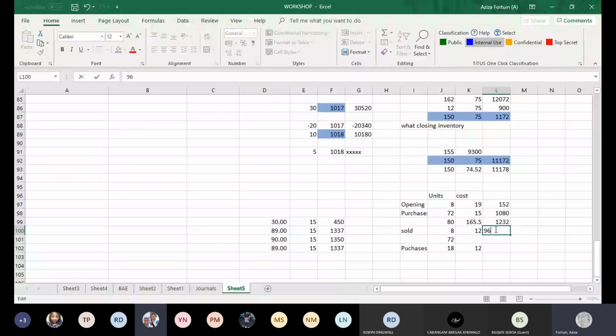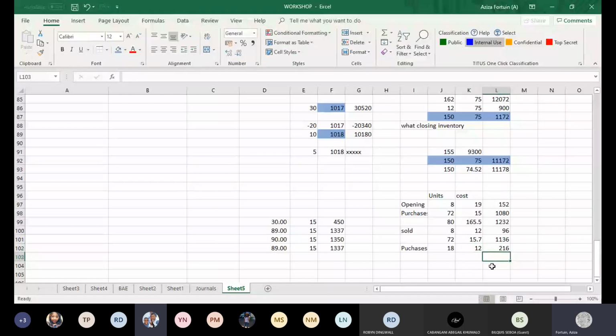So 1232 minus 96 is 1136 divided by 72, is 15 rand 78 a unit. Okay. So 72, and then we purchase 18 at 12 rand, times 12 is 216. Am I doing it correct?